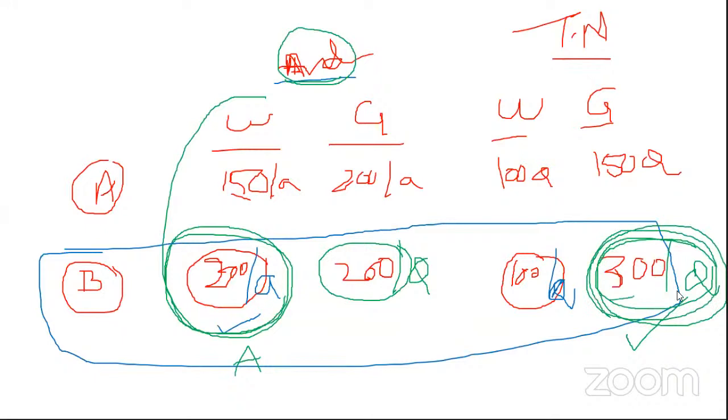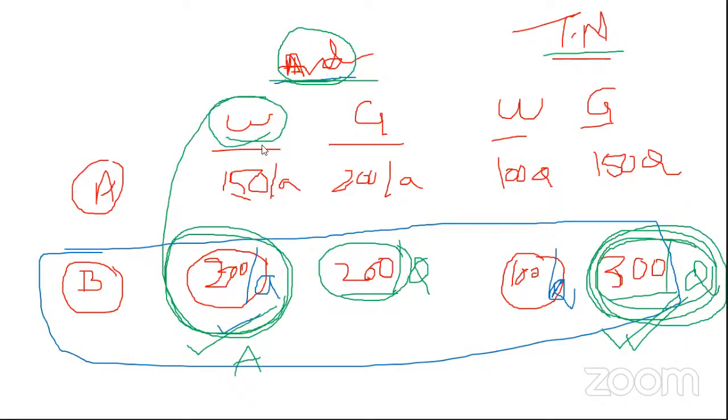Why? Because here it is 300 units per acre. The output per acre is 300, here it is just 200. So Tamil Nadu has absolute advantage in groundnut production, and Andhra has absolute advantage in wheat production. The entire wheat production benefit is enjoyed by Andhra only.